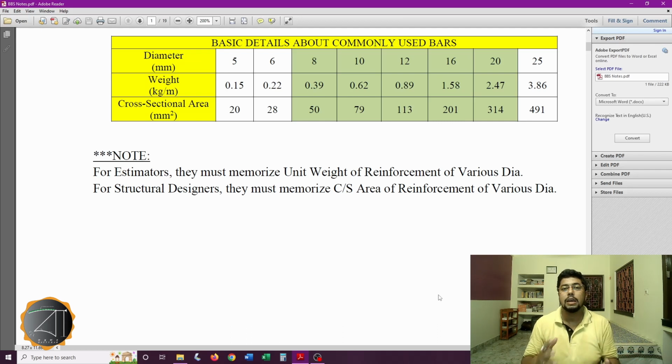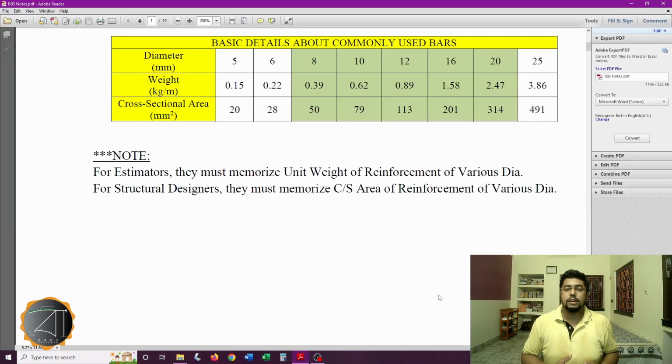Obviously, when you are acting as a site engineer, we must provide the reinforcement as per the detailing in the proper places. That time we are concerned about the structural design. But whenever we are acting as an estimator, we must not think like a designer.